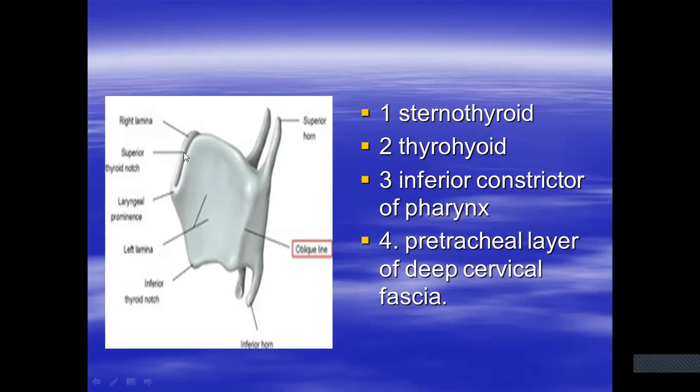The lower parts meet to form the laryngeal prominence, while the upper parts are separated by the thyroid notch. The upper border gives attachment to the thyrohyoid membrane.